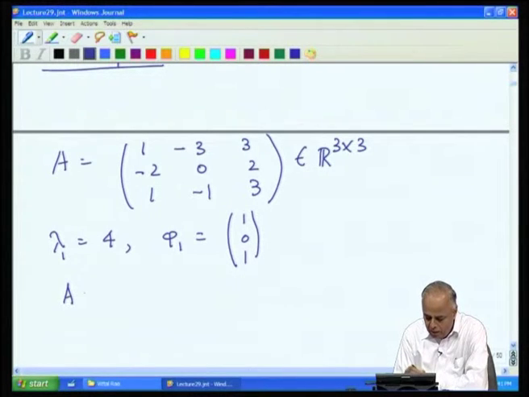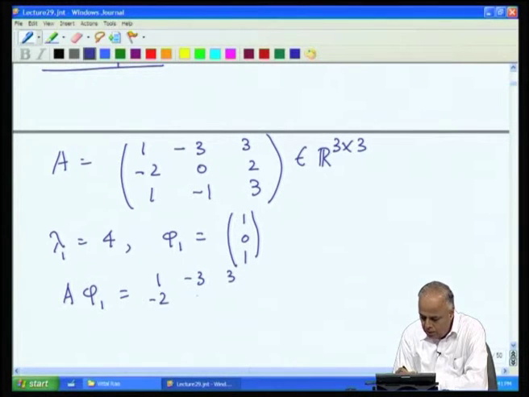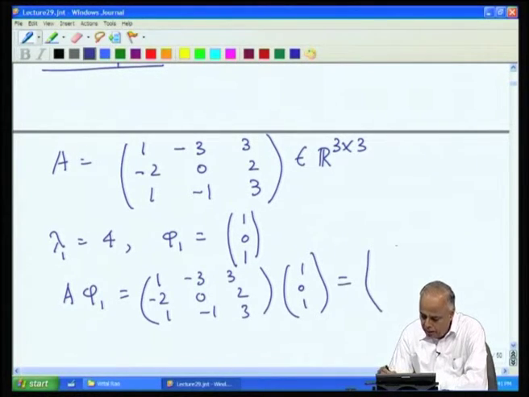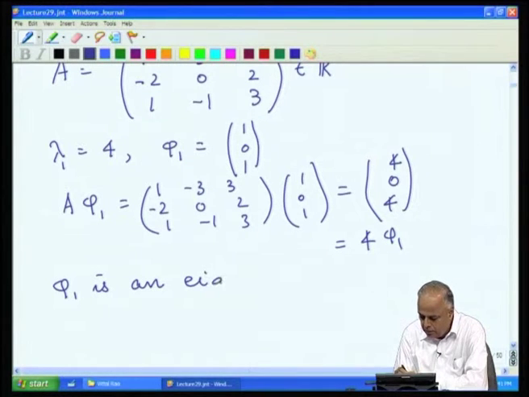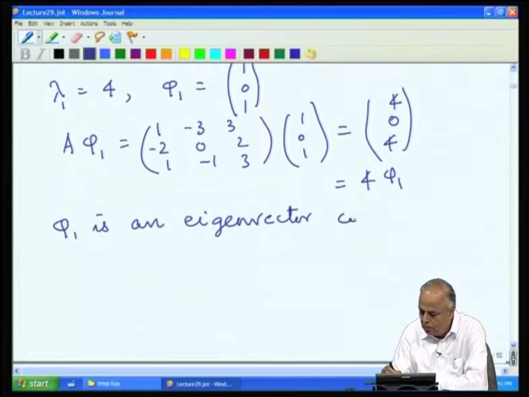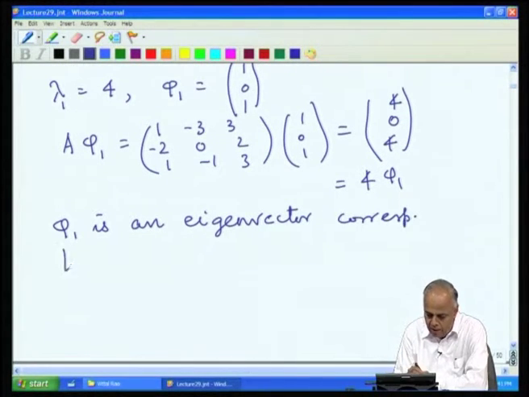We now verify that A phi 1 is the matrix A multiplied by 1 0 1, and when we multiply we get 4 0 4, which is 4 times phi 1. Thus, we find that phi 1 is an eigenvector corresponding to eigenvalue lambda 1 equal to 4.